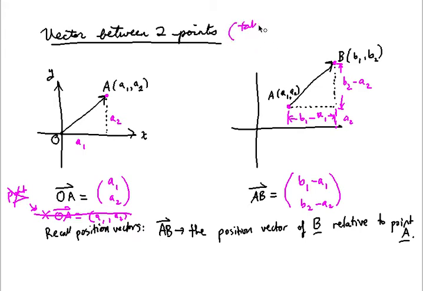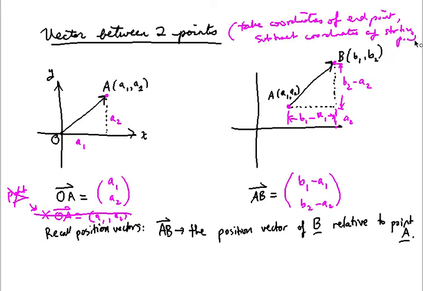So I take the coordinates of the endpoint B and subtract the coordinates of the starting point. That's really how we find the vector between two points.